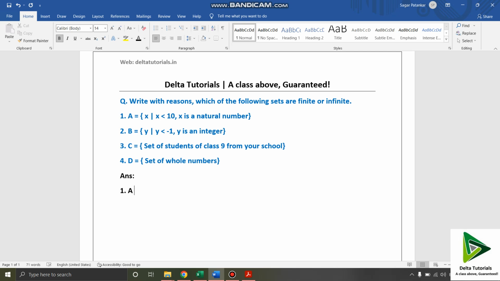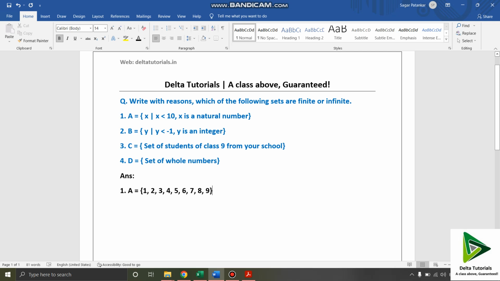So set A will be simply written as 1 up to 9 only. We write the elements in set A because the condition is specified as x should be less than 10. That's why I have written the elements from 1 to 9. Why 1 to 9? Because the condition is given as x is a natural number.